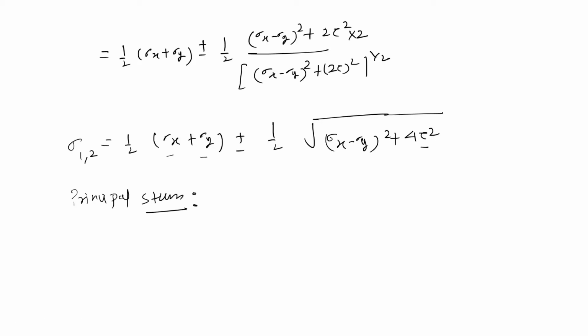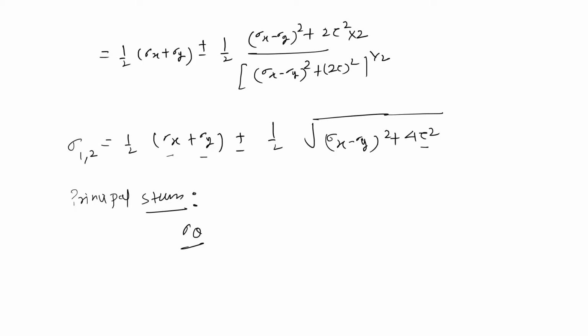Unless it is possible to know by inspection which of these two principal planes corresponds to the major principal stress, it is necessary to substitute one of the values of theta, the inclination of the principal planes, into the equation. To know the value of direct stress associated with a particular plane, we have to use the sigma theta formula.